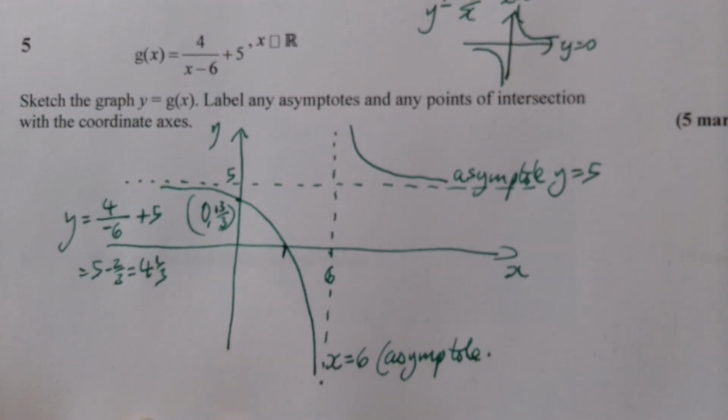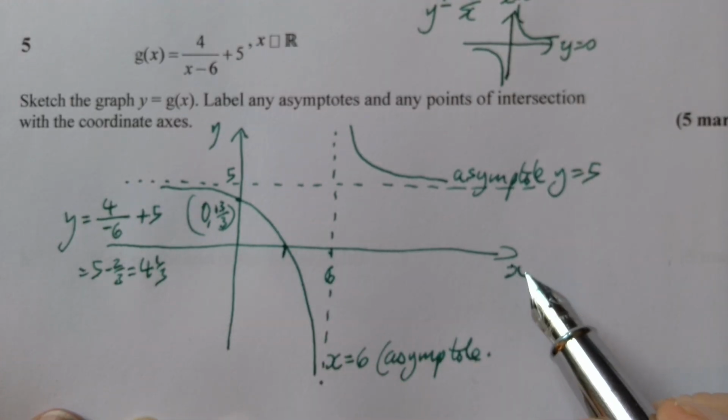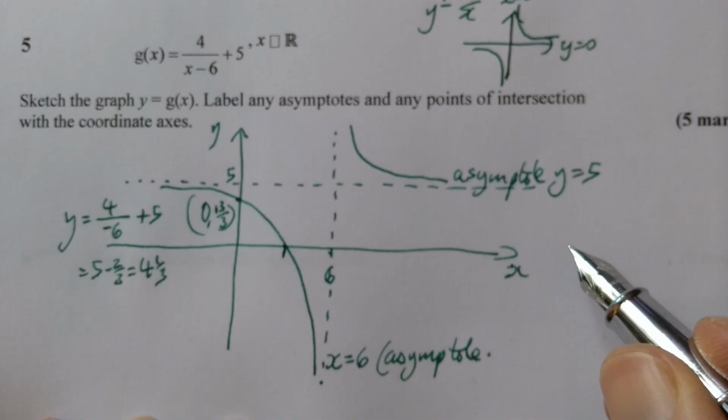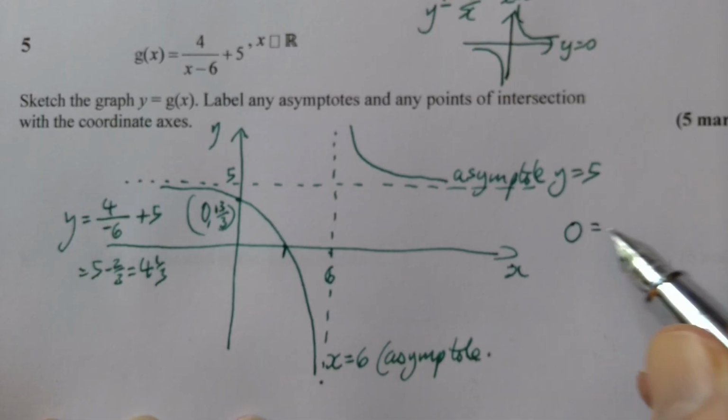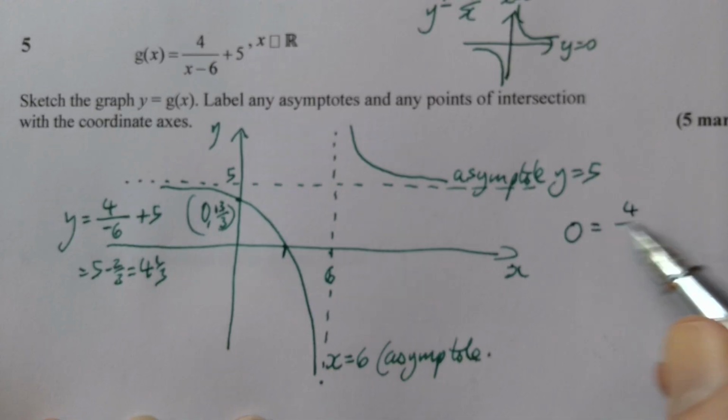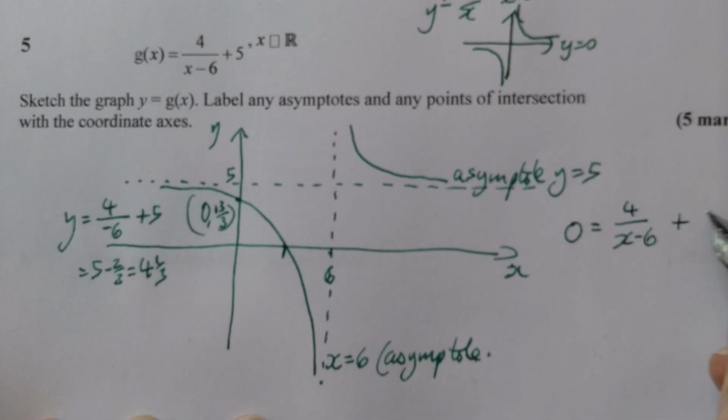And then this point here is going to be what value of x when your y value is 0, because your x-axis is the line y equals 0, isn't it? So now we're saying 0 equals 4 over x minus 6 plus 5.